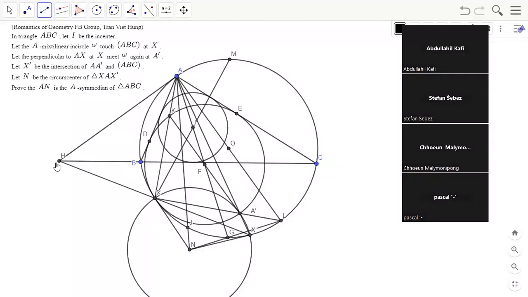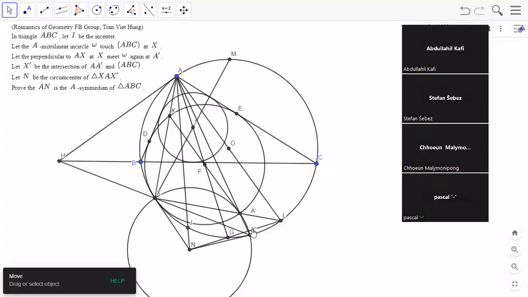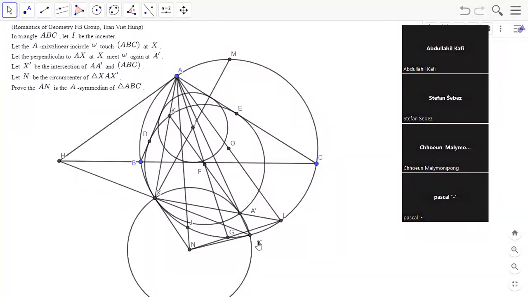And H, J, let's see, X, G, X prime, L. So we know A, X, J, X prime is harmonic.